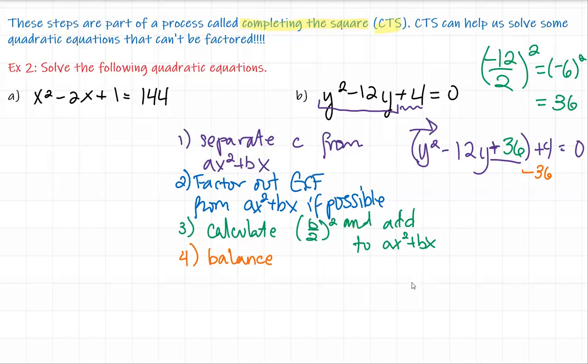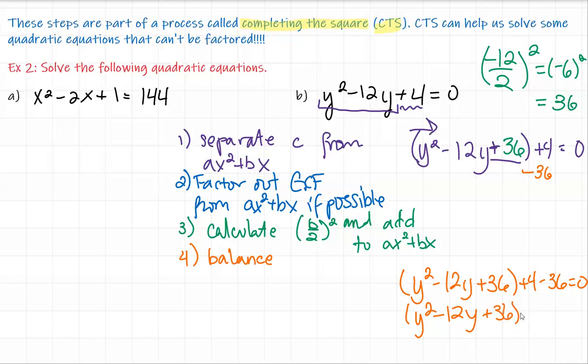So I end up with y squared minus 12y plus 36 plus 4 minus 36 equals 0. And we know 4 minus 36 is negative 32. So this is y squared minus 12y plus 36 minus 32 equals 0.